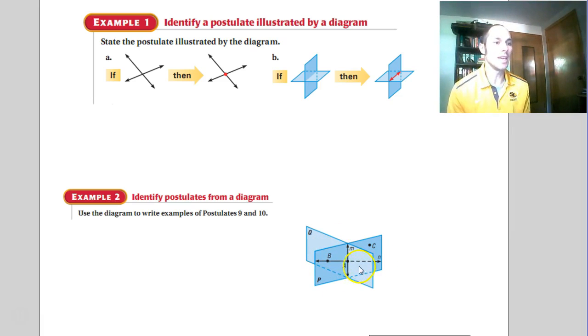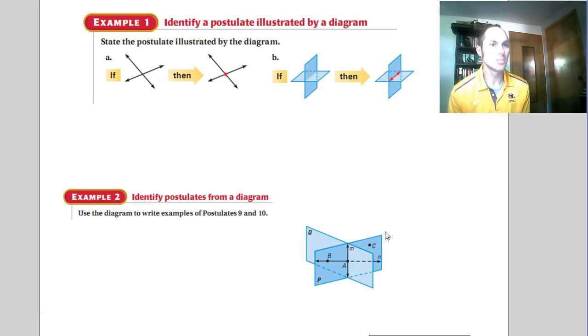Notice we have points B, A, and C. Those are 3 non-collinear points, so those 3 points are also in the plane. Plane BAC, or plane P, we could refer to it. Notice we've illustrated that where 2 lines intersect, there's a point of intersection, point A. Also, where 2 planes intersect, their line of intersection is line M here.